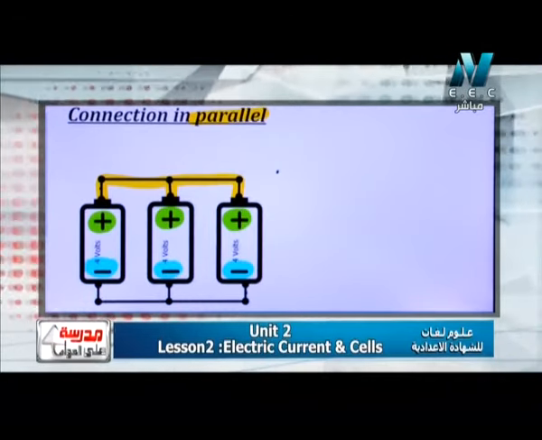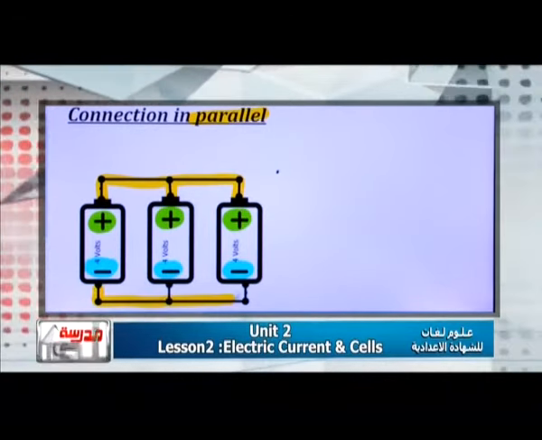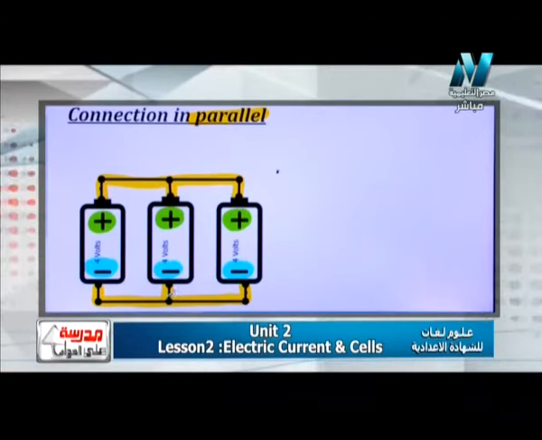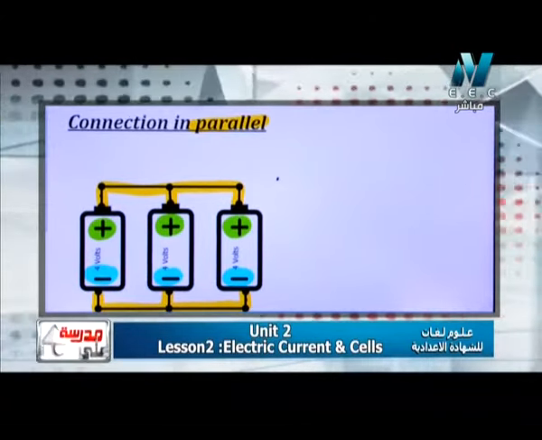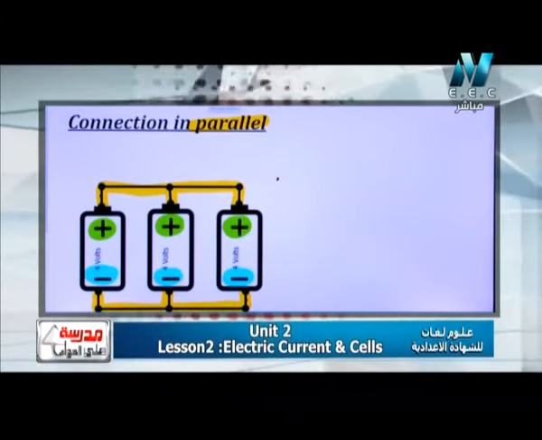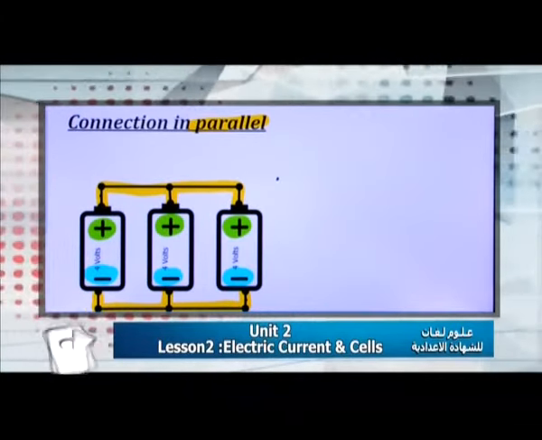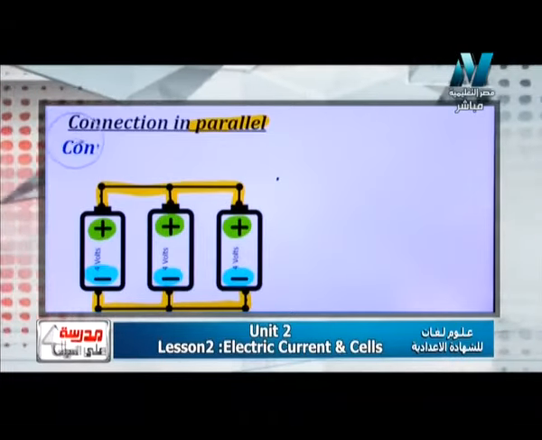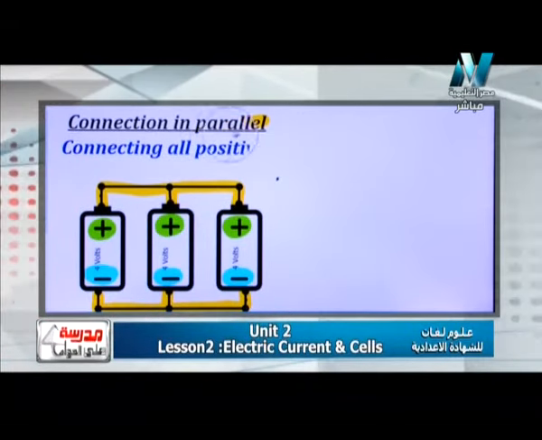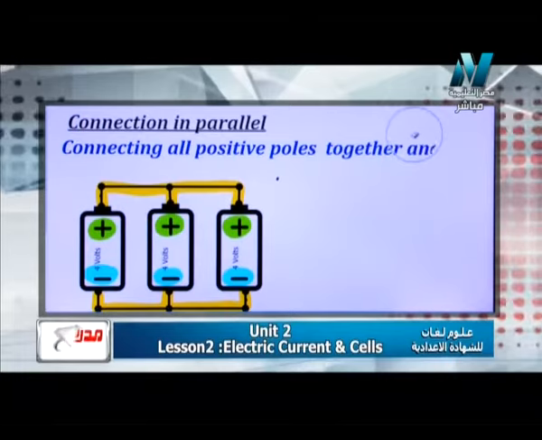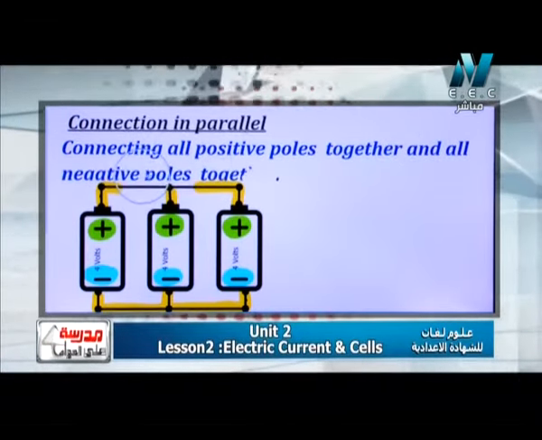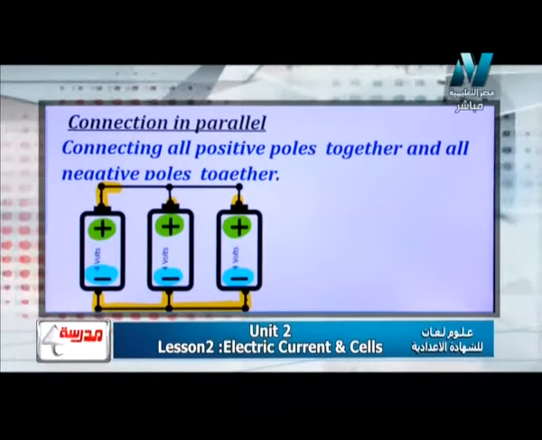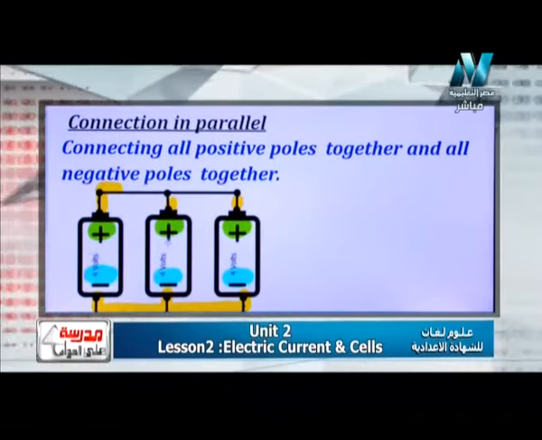To describe the connection in parallel of the electric cells: we connect all positive poles together and all negative poles together.